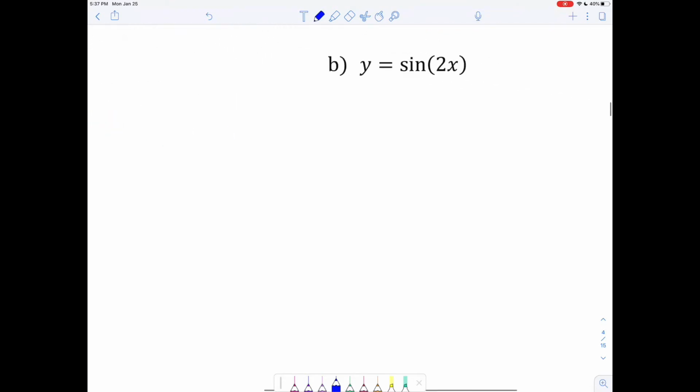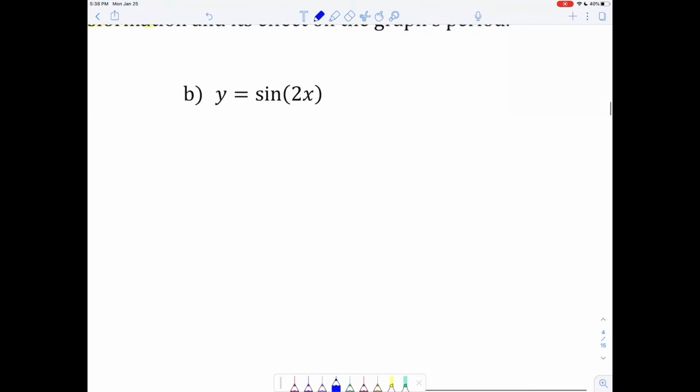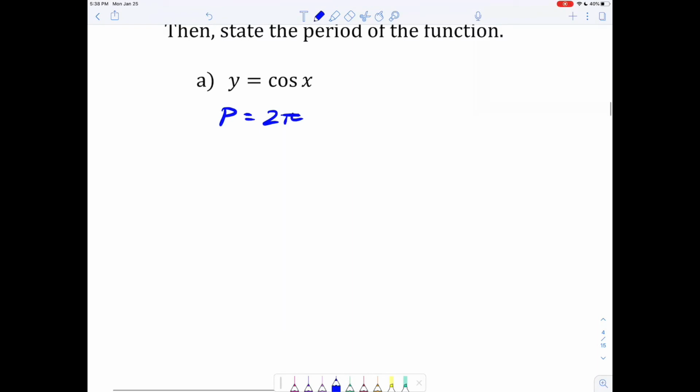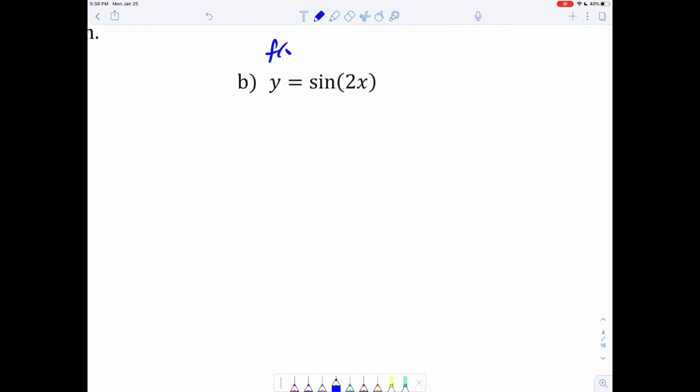Over here, if we're pretending that f of x is equal to sine x, then what we've got here is f of, not bx, but 2x. And there's that kind of equivalence, which means we have a b value of 2.